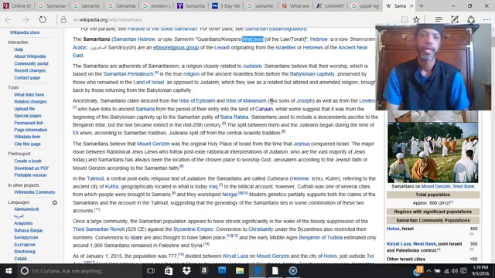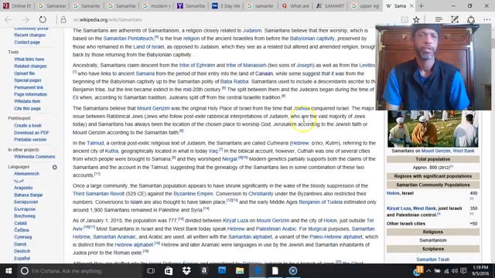I don't know what polity. Samaritan Jews used to include descendants ascribed to the tribe of Benjamin. But the line became extinct in the mid-20th century.